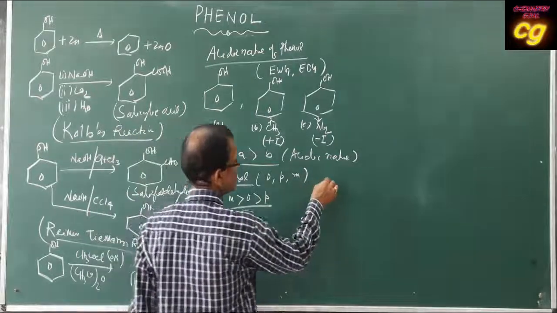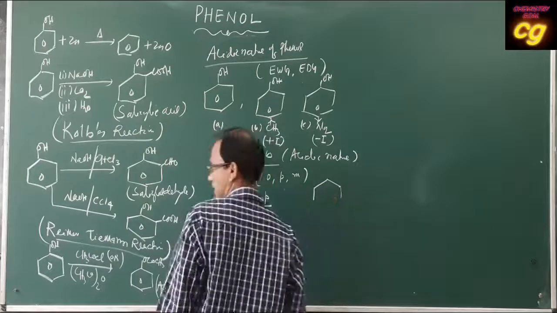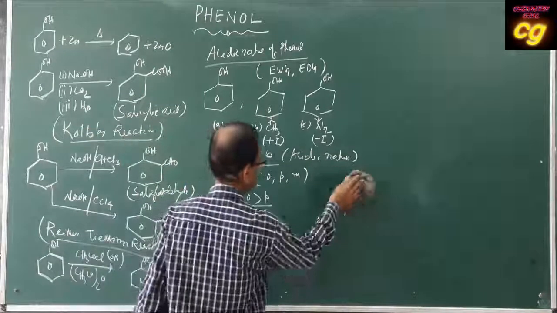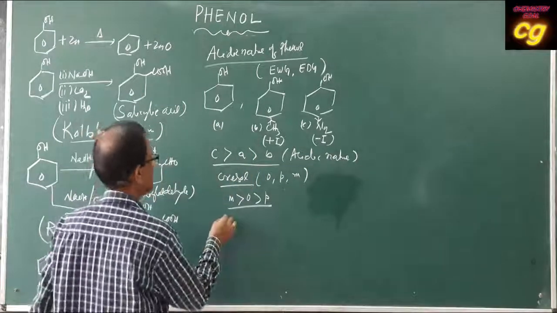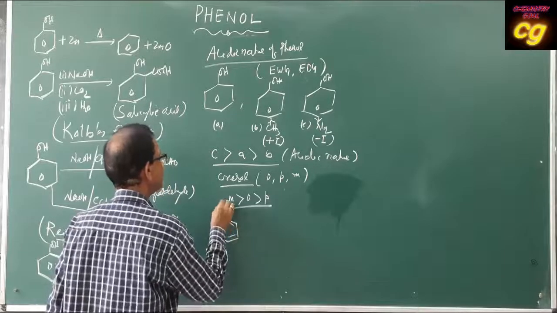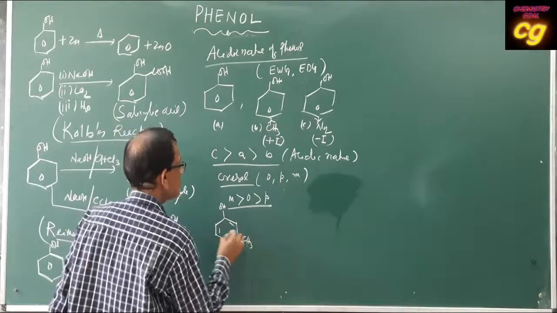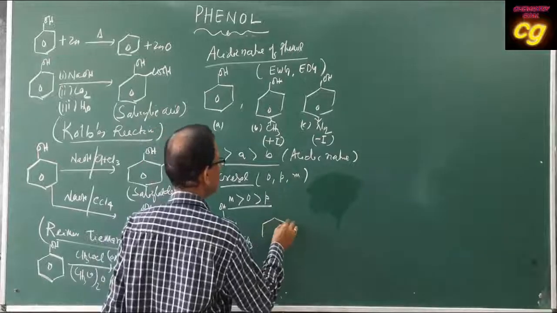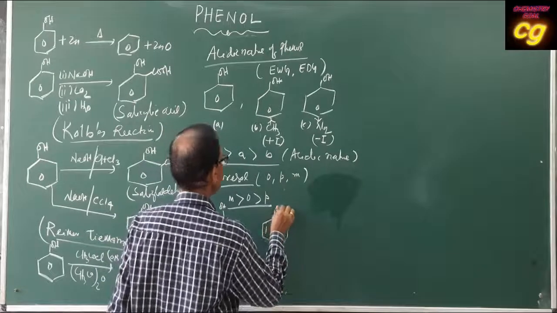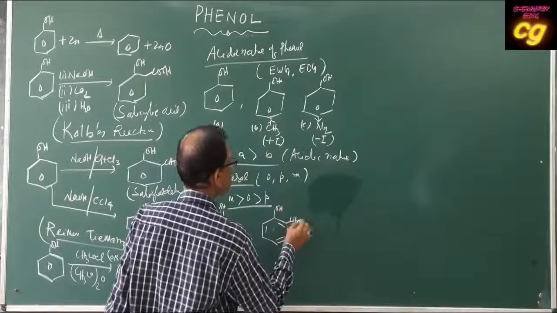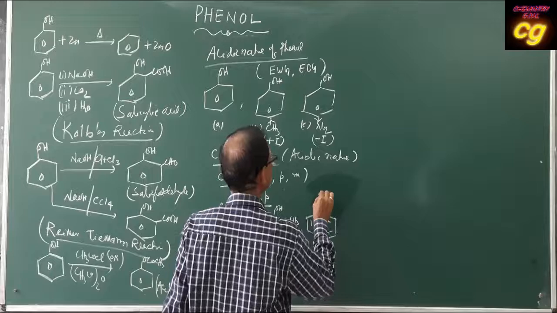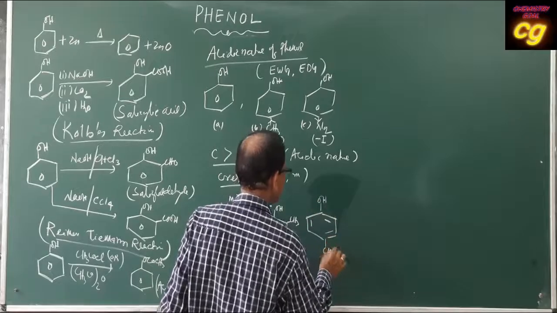If you write the structures, I can write all these three structures, it will be better. If you write here the meta derivative, this is m-cresol, this is your o-cresol, and this is your p-cresol.